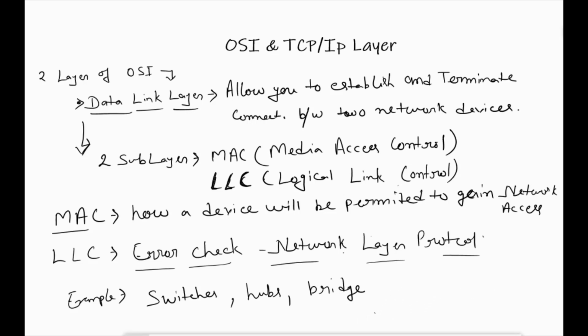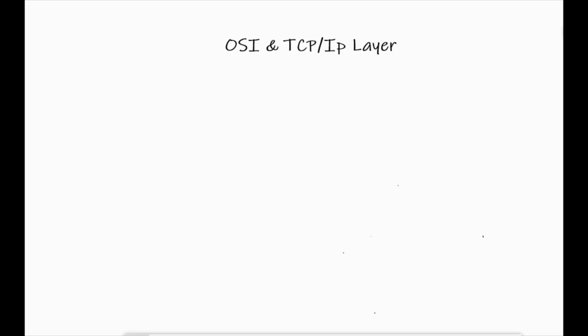Now let's see the network access layer or network layer. So the third layer is network layer. This layer provides capabilities of the functional and procedural sequence of the packet or data transfer from one node to other node in a different network.